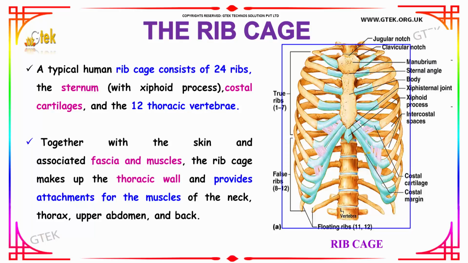So the rib cage is one of the most important bone sets in a human body, as it encloses the lungs, the heart and the upper abdomen. The ribs at the end are known as the floating ribs.